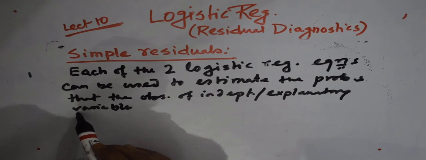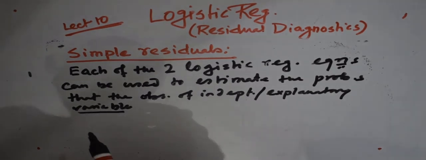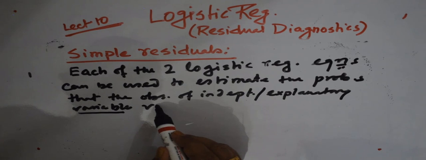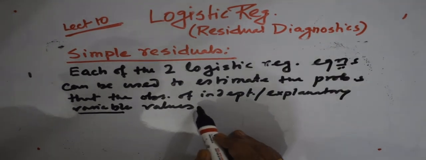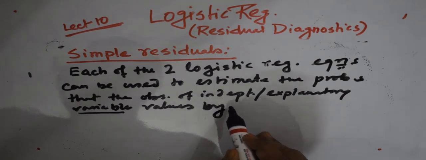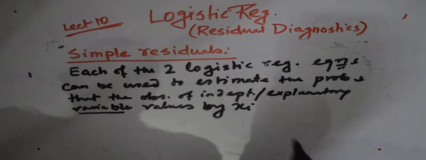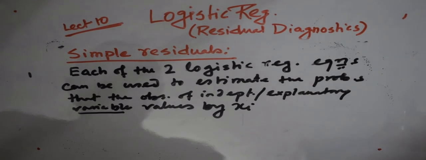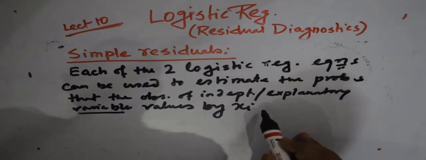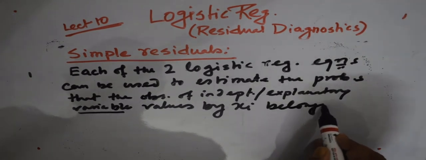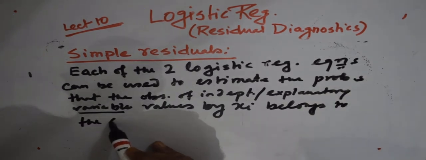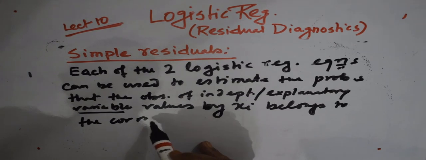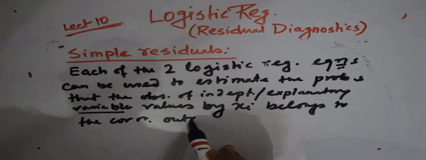So I write the variable values by xi, which belongs to the corresponding outcome group.